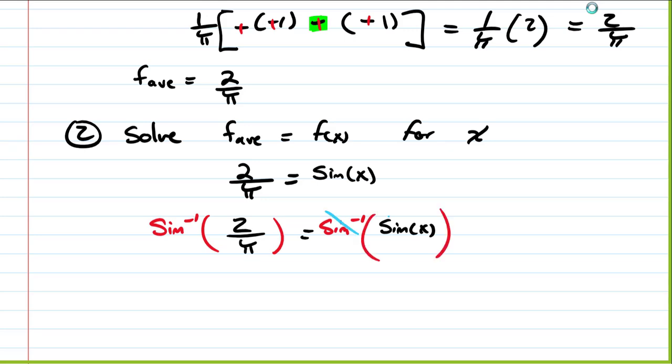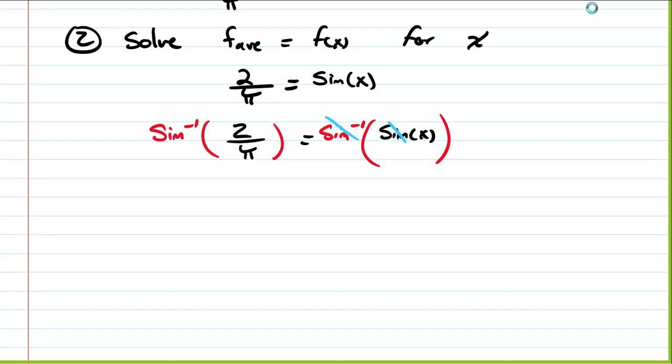And the inverse sine and the sine reduce out. That's the whole reason we did that. The inverse sine of 2 over pi doesn't really reduce nicely. I mean, you can turn it into an ugly decimal. Not recommended. And we get our value for x.